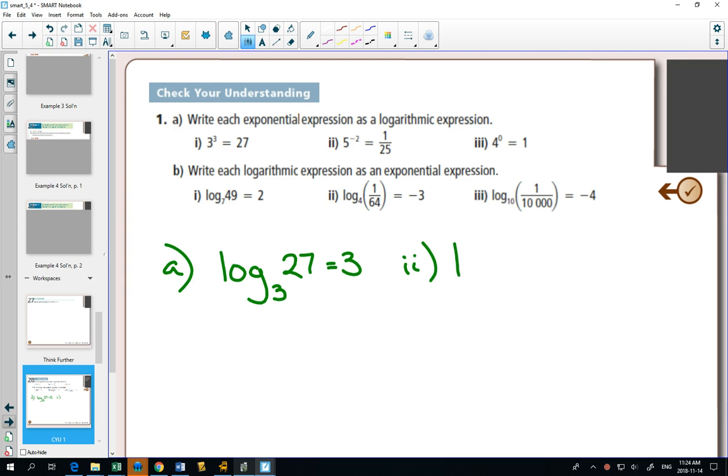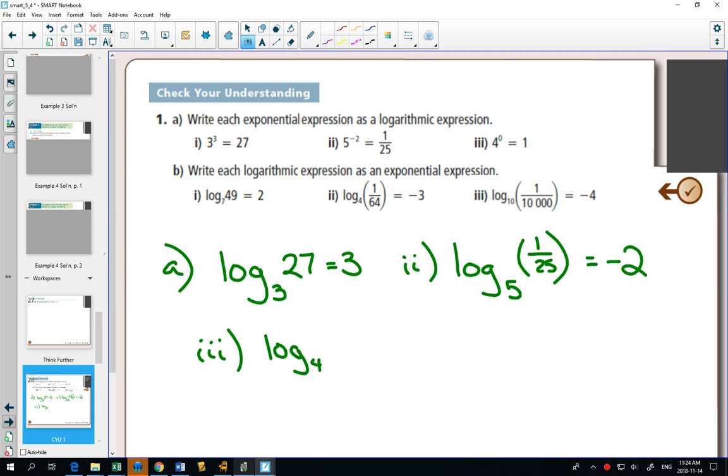I would write log base 5 of 1 over 25 is equal to negative 2. And in part 3, 4 to the 0 is equal to 1. So log base 4 of 1 is equal to 0.